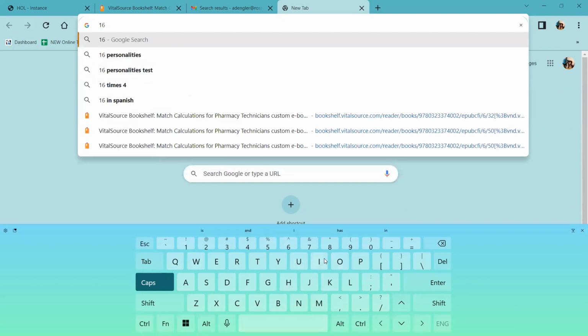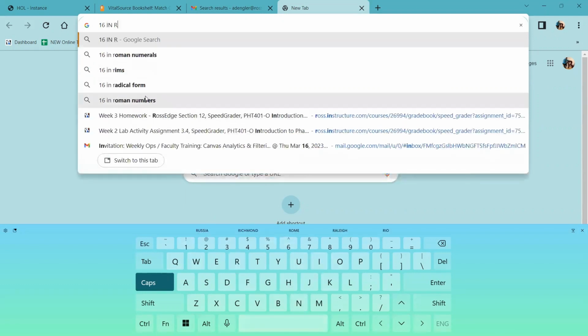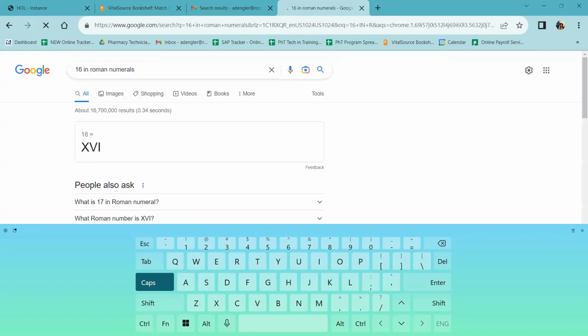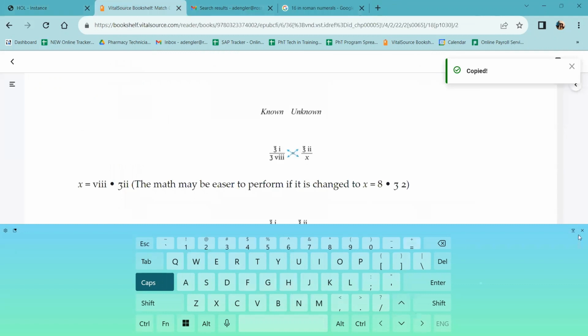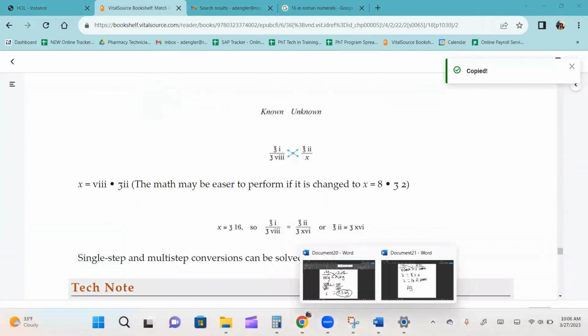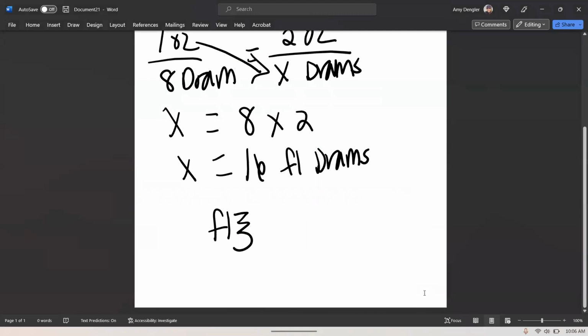See how bad I am at Roman numerals. So XVI. This would be our answer.